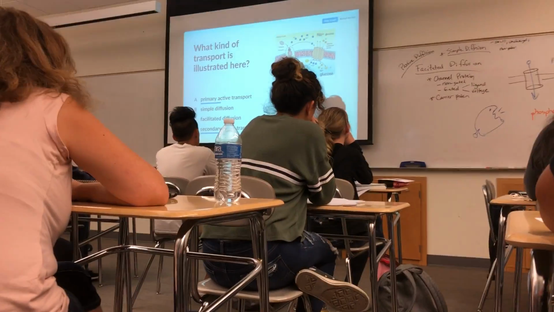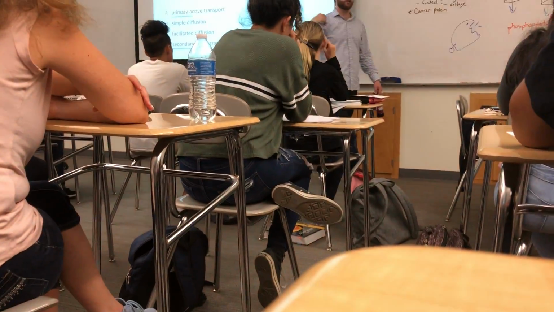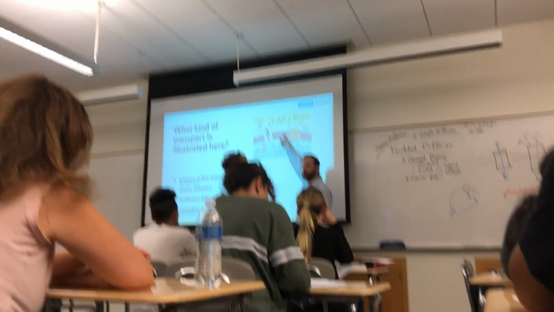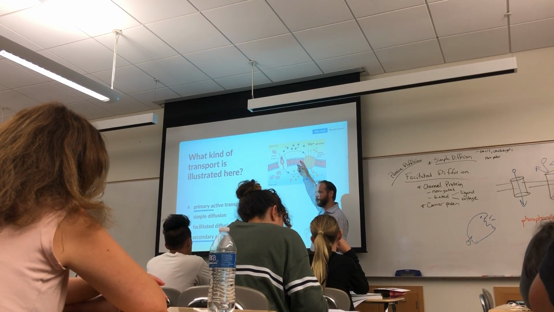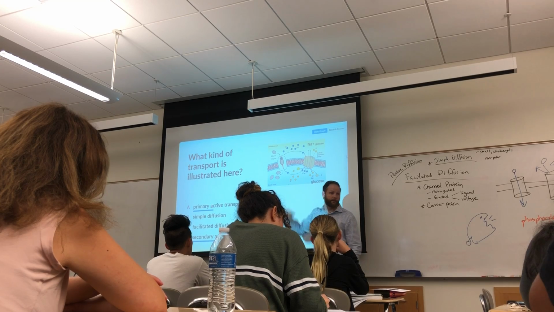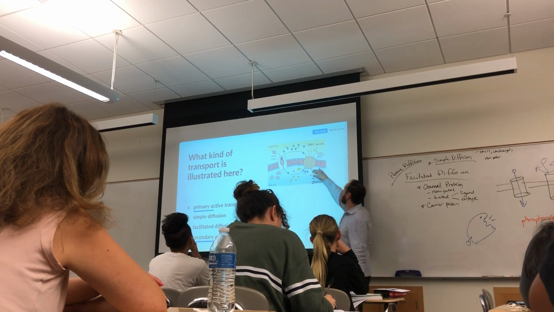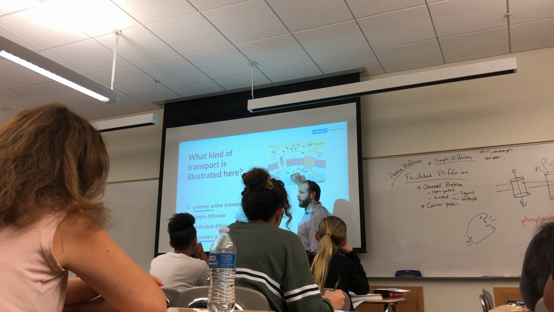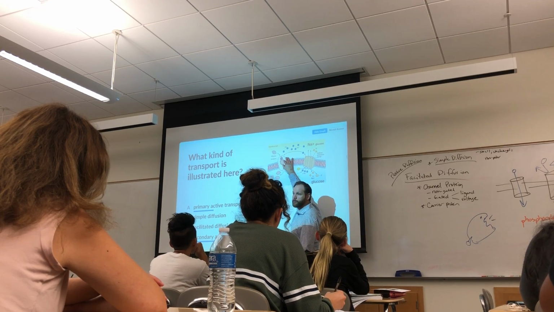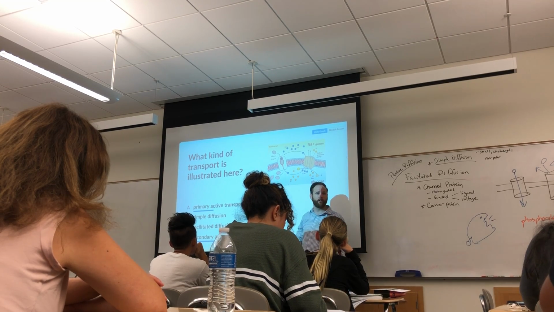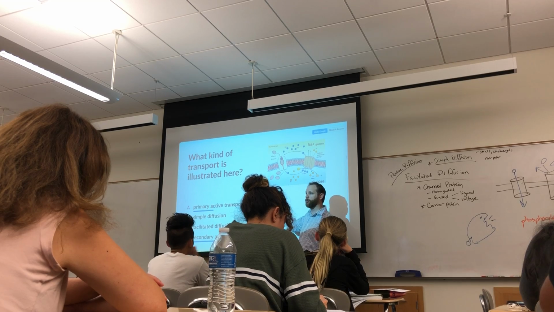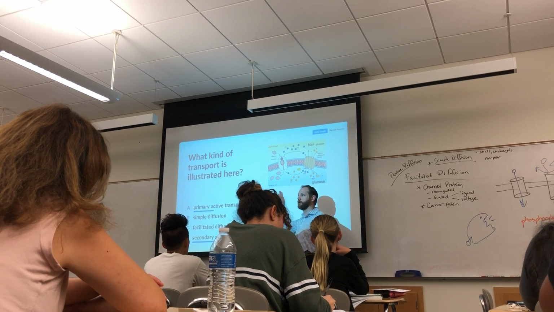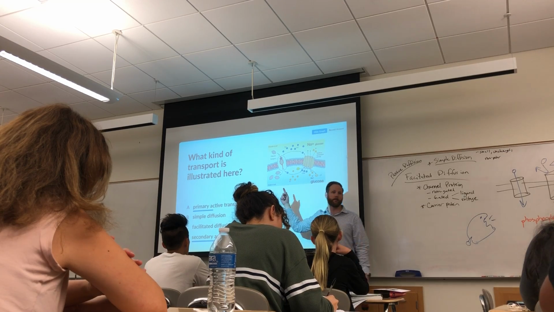So where's the energy coming from to move glucose from low concentration to high concentration? Well, it's coming from the other solute, right? Our other solute is sodium. How is sodium moving? Sodium is diffusing down its concentration gradient, right? Sodium is high outside and low inside. So the energy of sodium diffusing down its concentration gradient is sufficient to provide the energy necessary for glucose to move up its concentration gradient.